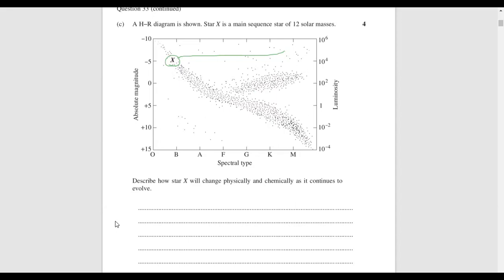So X is currently a main sequence star, burning hydrogen. What it will become is a red supergiant.